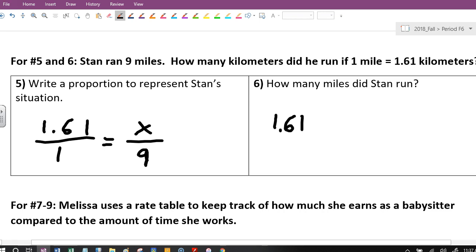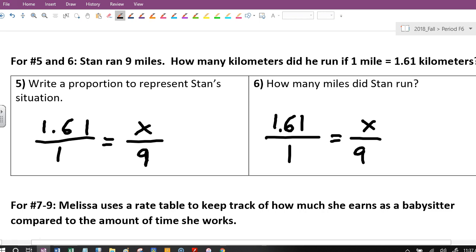There are different ways. So, Mr. Coyote, how would you solve this? I would do 9 times 1.61. Why? To show how many kilometers were for 1 mile. But how did you decide to multiply times 9?